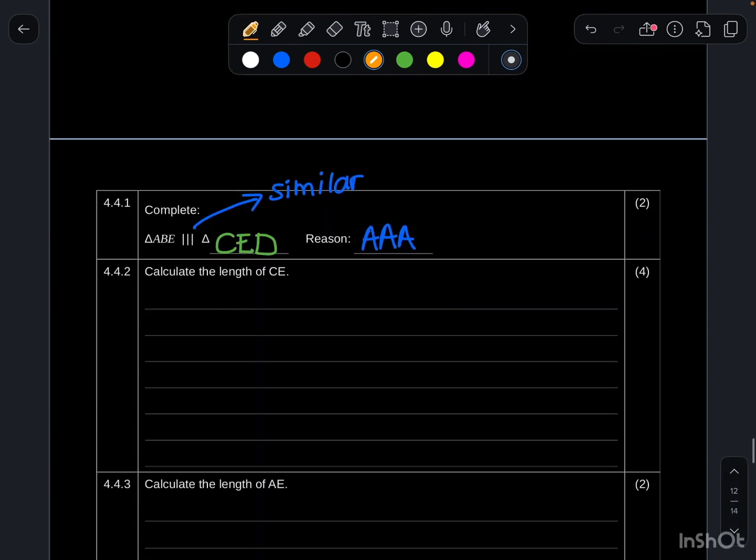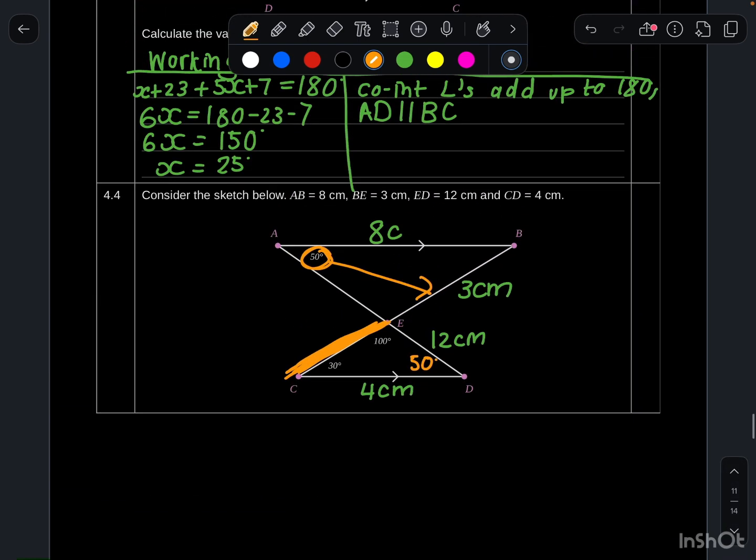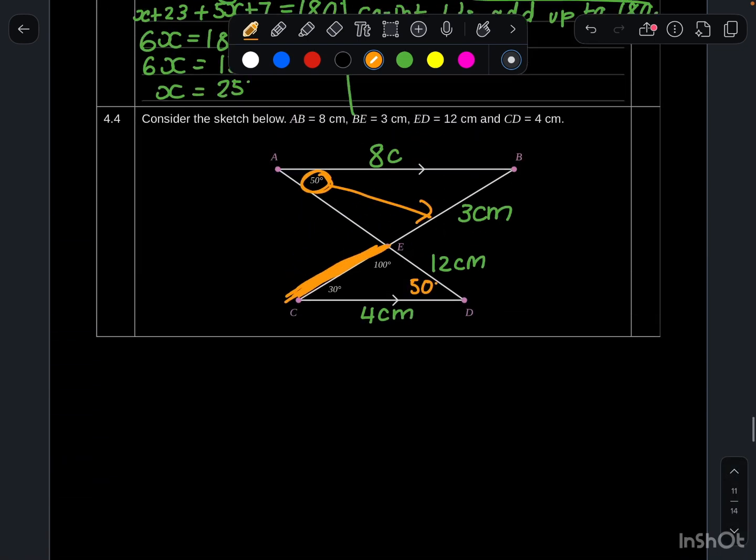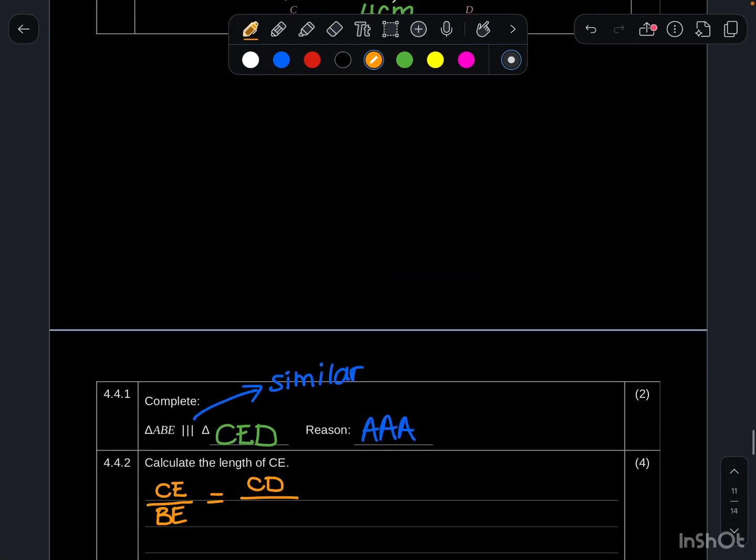So let's do CE over BE, that's the corresponding one, is equal to CD over AB.